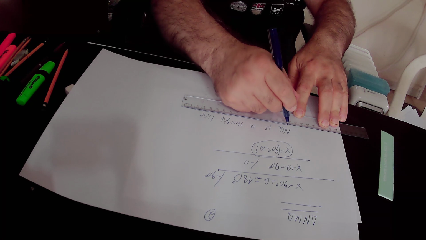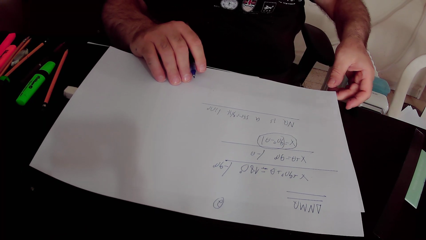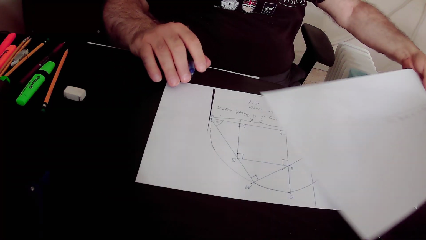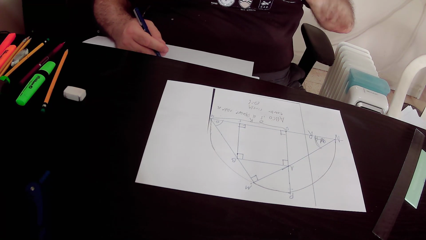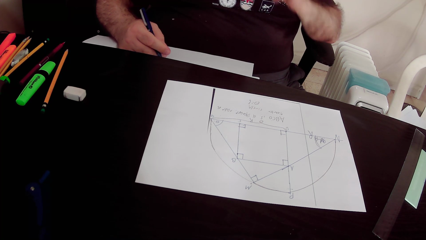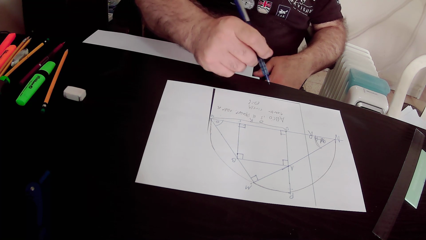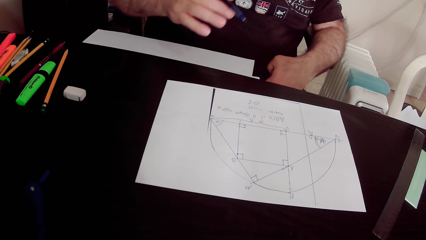And we have rule number 2 that I will not write down, but you should remember rule number 2 that states that the sum of the angles on one side of a straight line is equal to 180 degrees. That is to say, the sum of the angles on one side of the straight line NQ must be equal to 180 degrees.